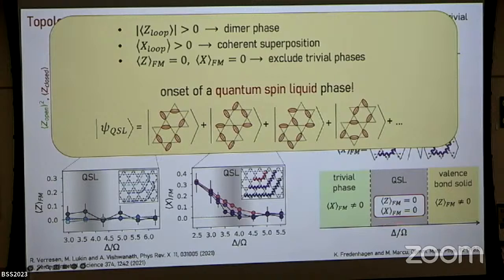So what I just said also explains why we don't see the valence bond solid, because we don't go through the transition into the valence bond solid. In theory, as before, it's just set by this ratio, so it's set by the Hamiltonian. In practice, in the experiment, we see the spin liquid until we go to larger detunings, and then we go out of the dimer phase.